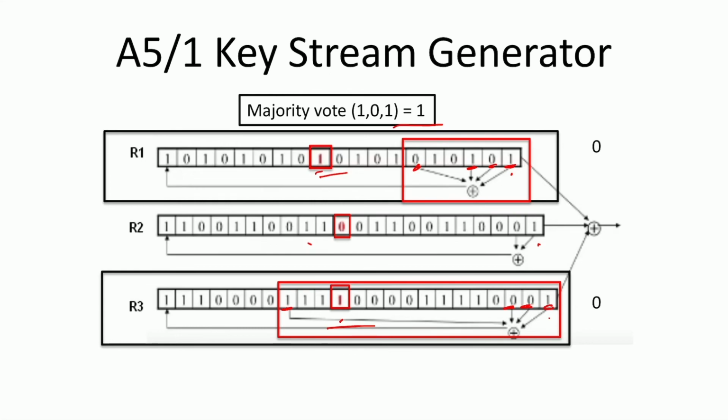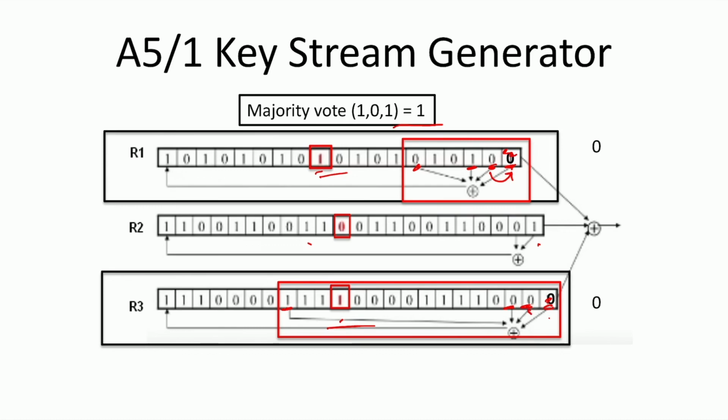Now, we're not going to feed back the value of these XOR functions yet. We are going to first right shift each of these registers by 1 bit, which means that we're going to lose the last bits here, right? So we end up with a 0 here for the first register because this value is going to move here.